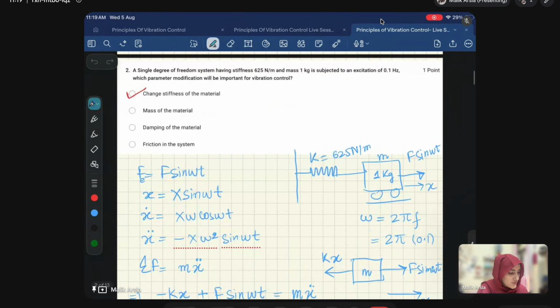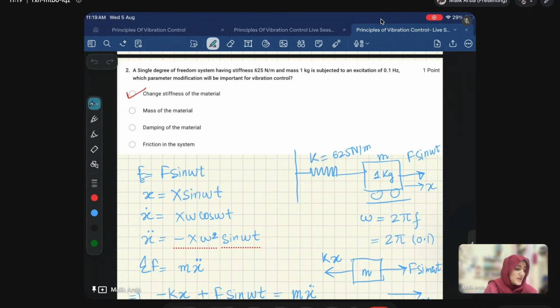Now coming to the second question, a single degree of freedom system having stiffness of 625 Newton per meter and mass 1 kg is subjected to an excitation of 0.1 Hertz. Which parameter modification will be important for vibration control?